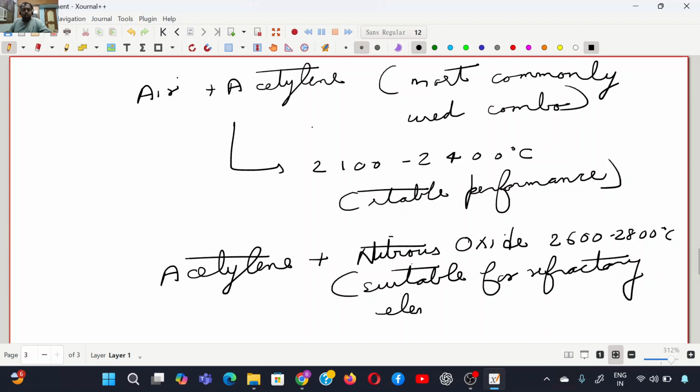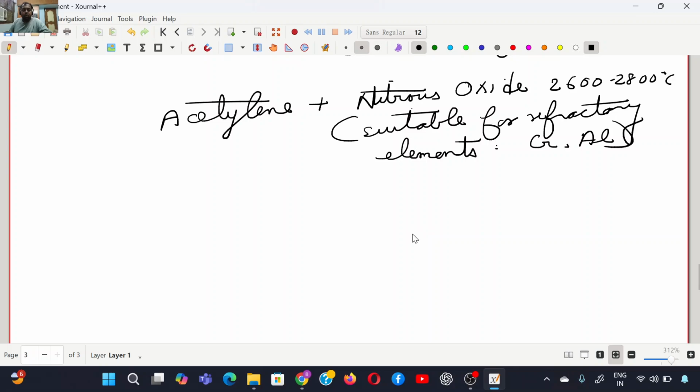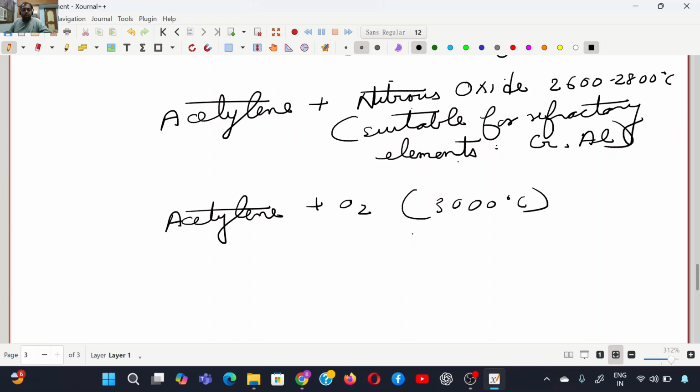Refractory elements like chromium, aluminum, etc. Okay, can also have acetylene plus oxygen, and this provides a temperature around 3000 degrees Celsius, very high temperature. Okay, but handling is a bit more tricky. So there are a number of choices as you can see. The choice of fuel oxidant pair dictates flame temperature, atomization efficiency, and suitability for different types of elements.